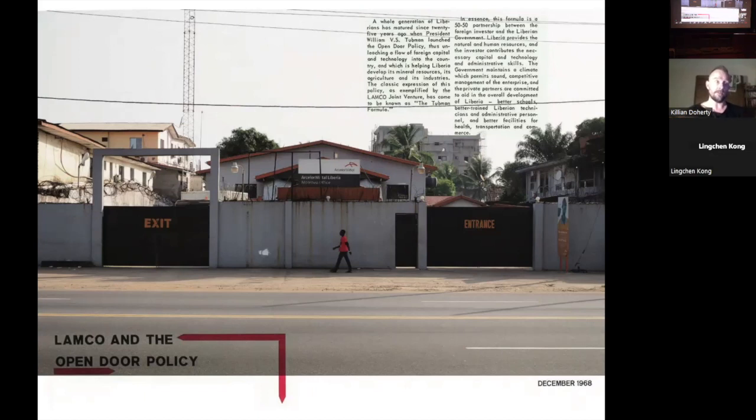During the 20 or 30 years that Lamco were in operation, they wrote a series of newsletters, or the Swedish community did. I was juxtaposing Lamco's open door policy with these images. The absence, the silence and the unresponsiveness became the core of the project, the mystery of this place.